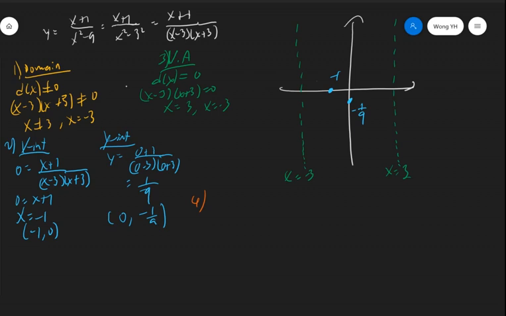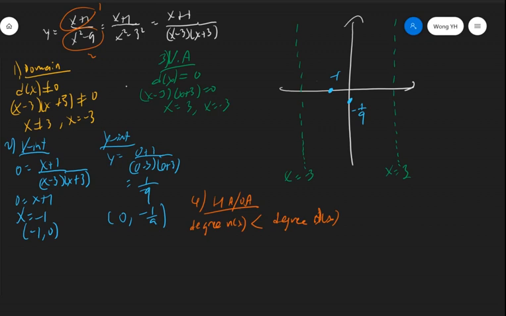The information number 4, we're going to find out whether you have an HA or an OA, and we need to compare the degree. As you can see, the degree of the numerator, which is 1, is less than the degree of the denominator, which is 2.